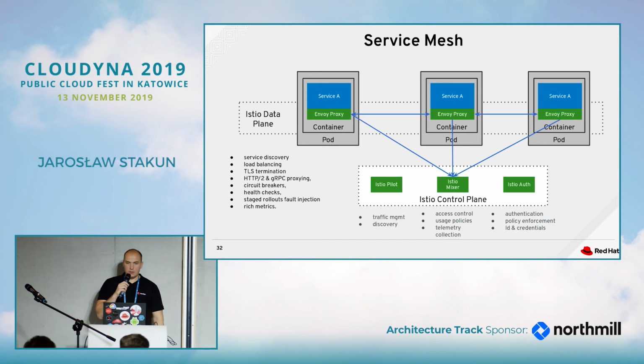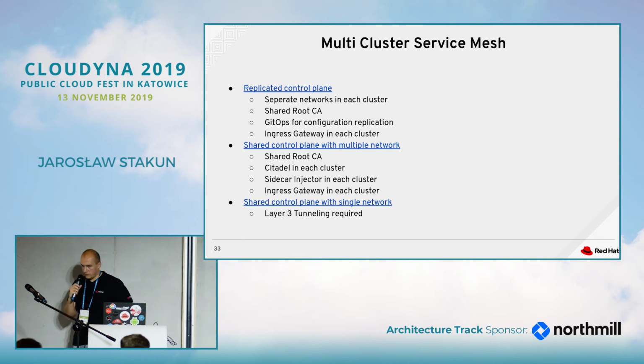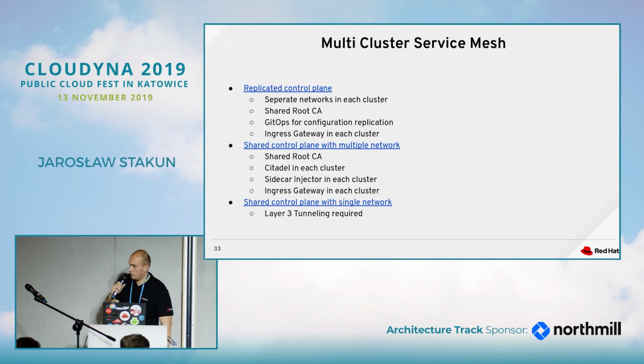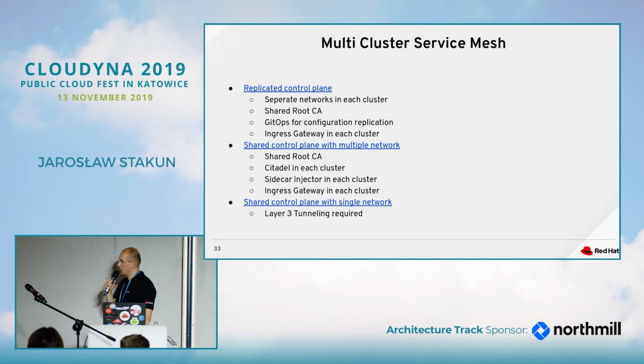And in regards to multi-cluster deployment, if you rely on service mesh for your services communication, you will also need the multi-cluster deployment. Istio supports this kind of architecture, and you have three options to choose.